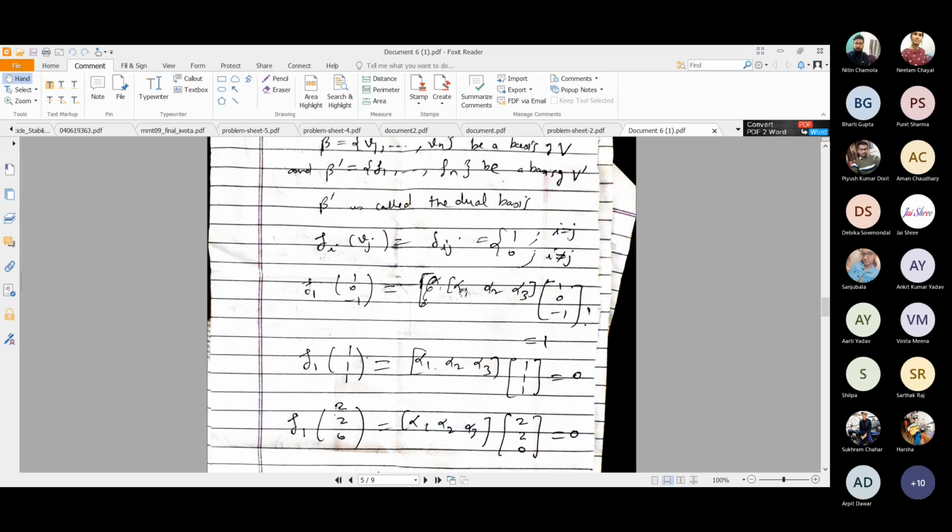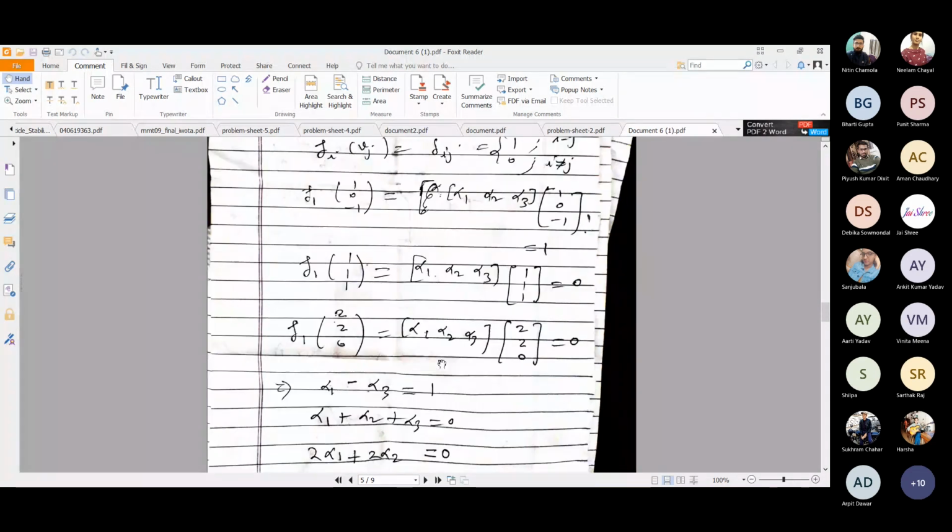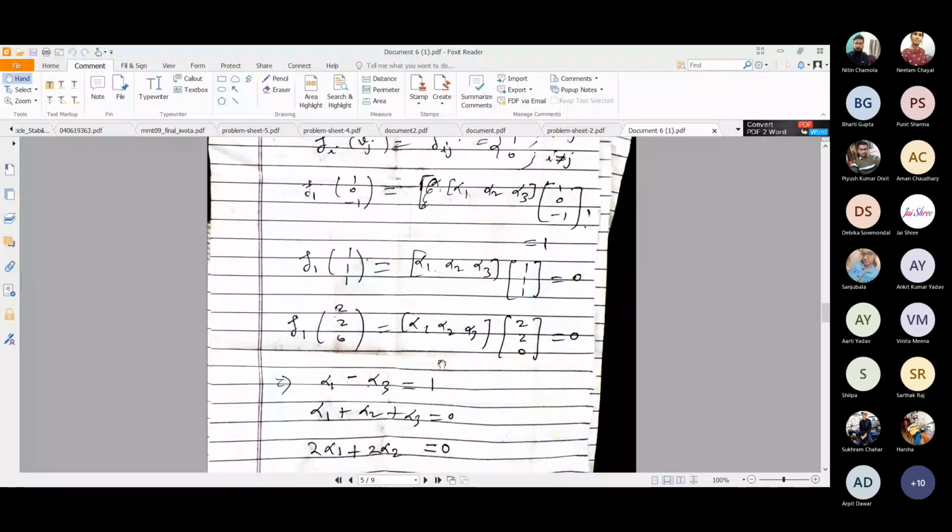You know that this is a fundamental result: any functional can be represented in this form, a summation of alpha i times the coordinates. So you can represent this linear functional in this way, and this evaluation would be 1 according to the dual basis. And f1 of v2 is 0 and f1 of v3 equals 0.